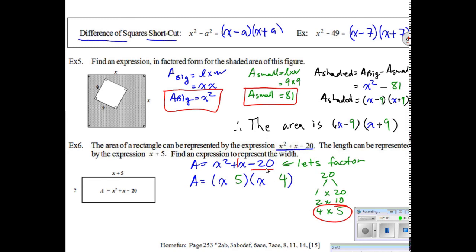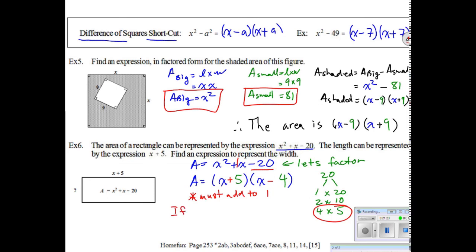So which one is it? Is it going to be the minus 5 or minus 4, right? So the key is we got to check. It must add to 1, right? So positive 5 minus 4 gives 1. Oh, perfect. We're good to go.